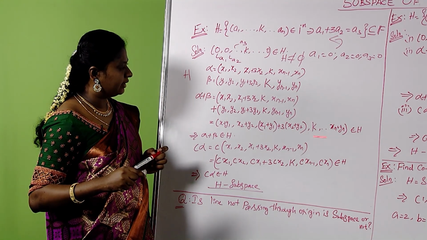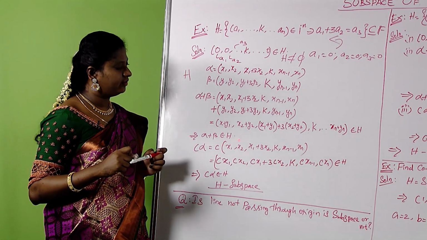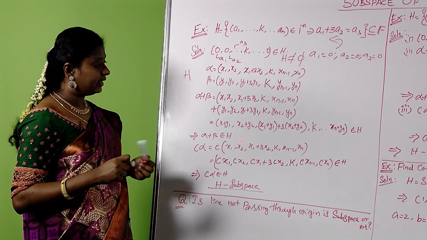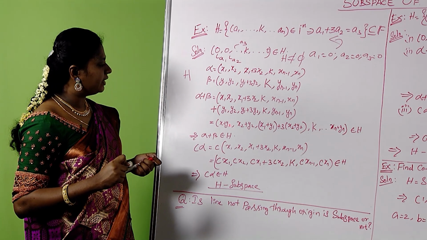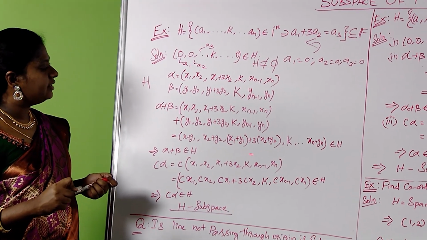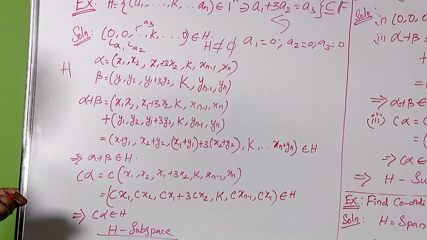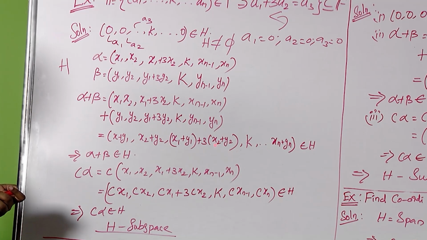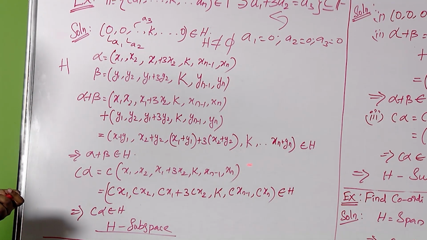Now this is again an element of H, because here we have x1 plus y1, x2 plus y2, and the third entry again satisfies the given condition, that is x1 plus y1 plus 3 times (x2 plus y2). Therefore, this alpha plus beta will again be in the given set H.